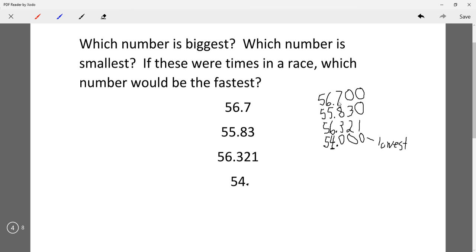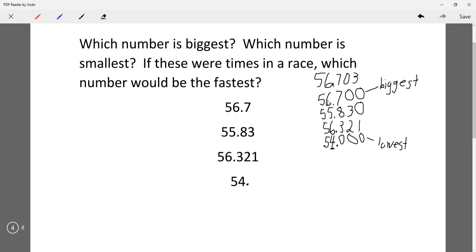Okay, so obviously this one is bigger because it has the 7 in the tens column, whereas this one has the 3 in the tens column. Now I could keep going, right? If I want 56.7.